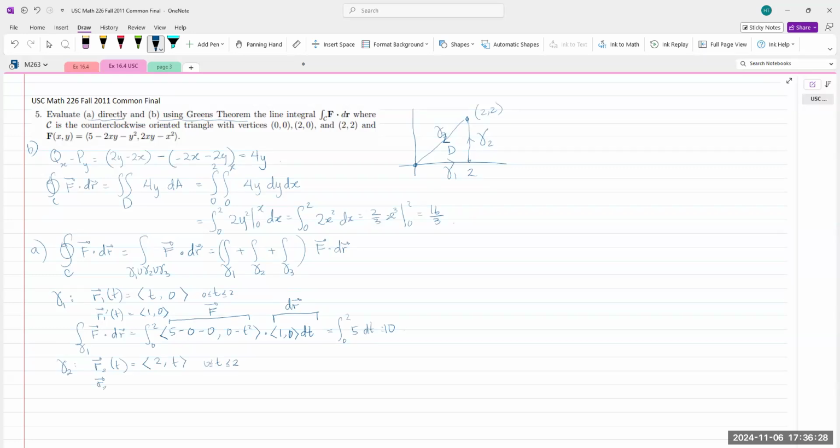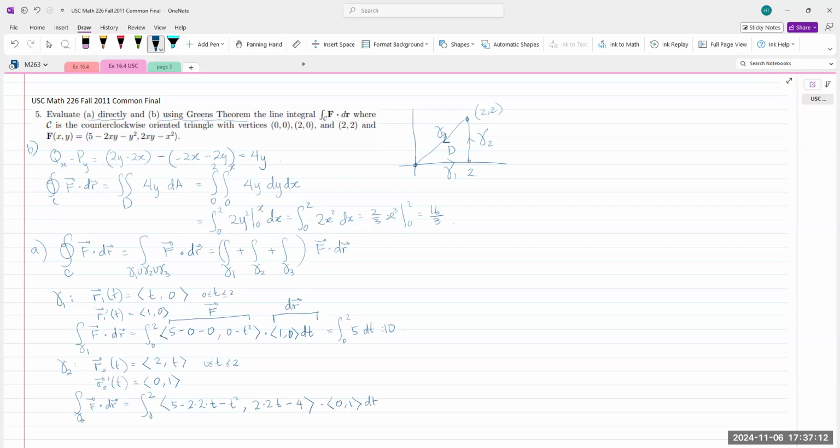So R2 prime of t is (0, 1), and the integral over gamma 2 of F dot dr is the integral from 0 to 2 of (5 minus 2xy, 2xy minus y squared), comma, (2xy minus x squared), dot (0, 1) dt.